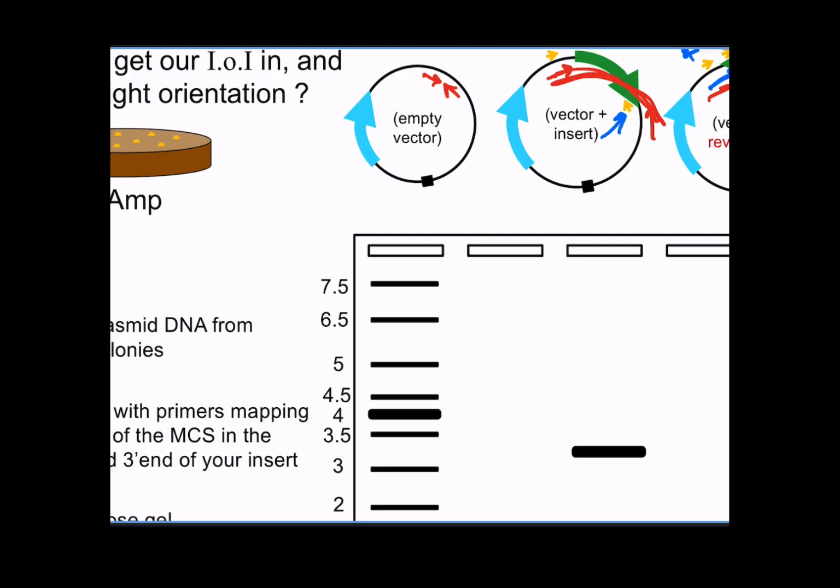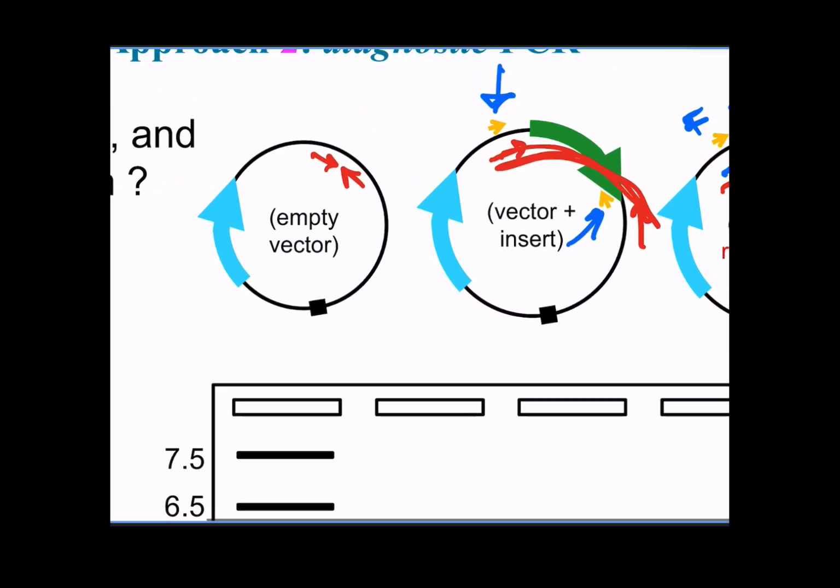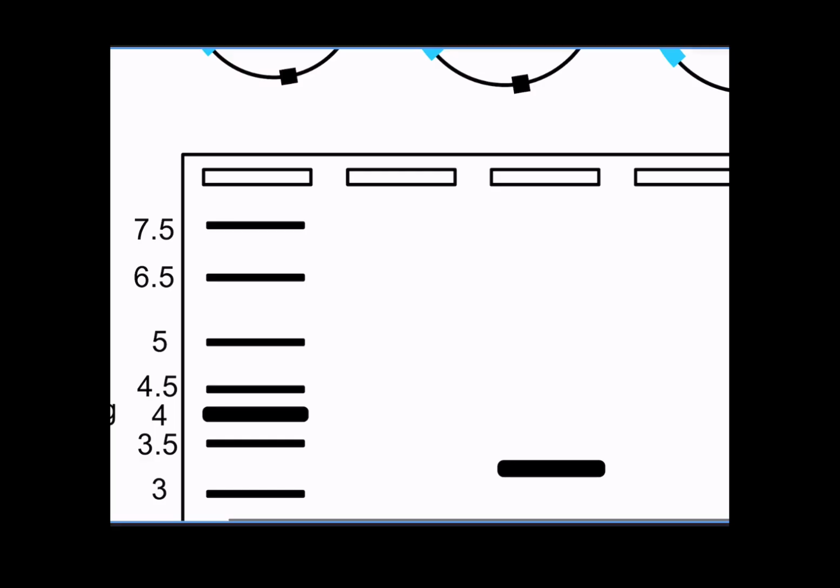Would it make sense if we did like part of the vector on one side and the insert so that it wouldn't be able to read it? Awesome. So I think you're saying this. Let me see if I understand correctly. So I'm going to redraw here. But what you're saying is you have your insert. I'm doing it in green, right? So your insert is here and the rest is vector.